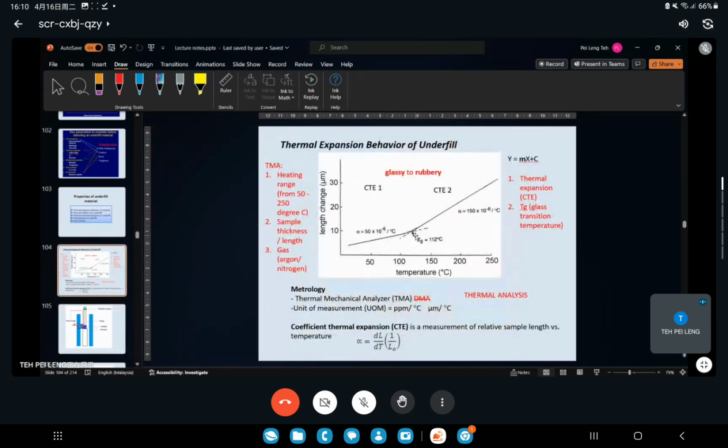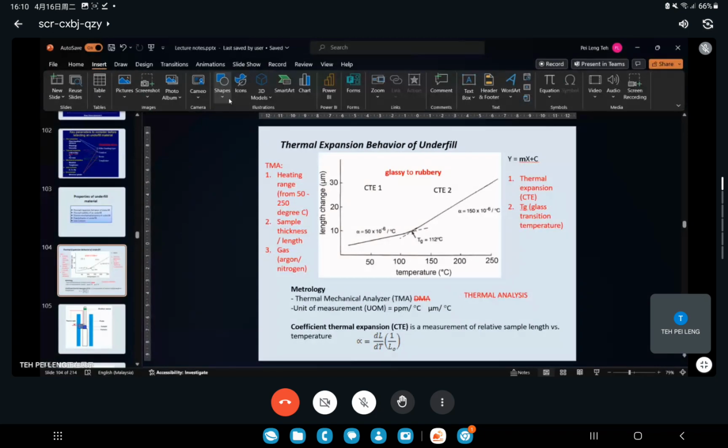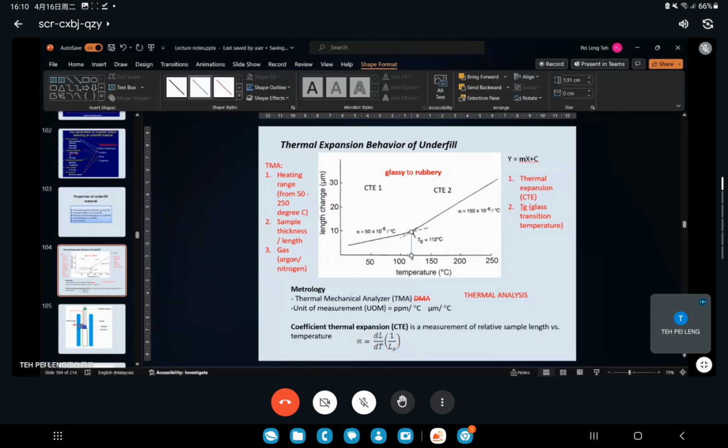So you can get the Tg intercept, and the Tg is here. You draw a line down here. So this will be your Tg, maybe 120 degrees Celsius. So this will be 112. You write here 112. So this is Tg.